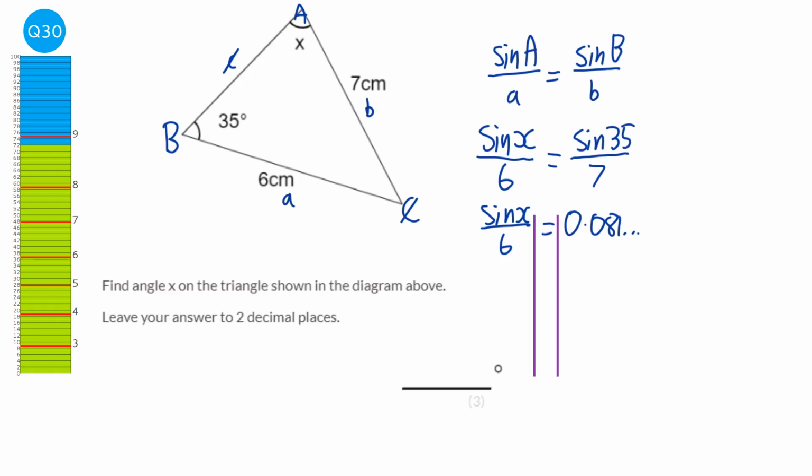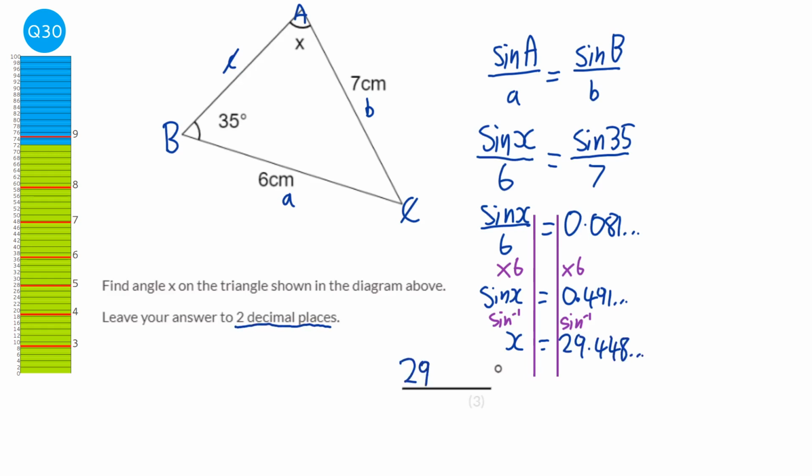The first thing we're going to do is times by 6 both sides. So we get sine x is equal to 0.491... And then we're going to inverse sine both sides. And so we have x equals 29.448... And our answer wants to be rounded to 2 decimal places. So we're going to put our answer as 29.45 degrees.